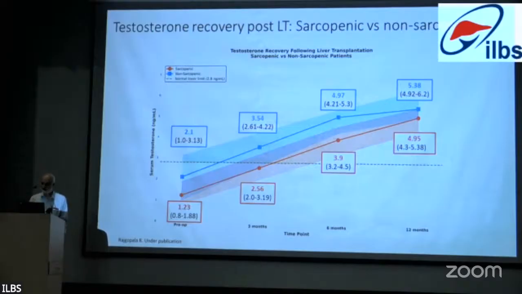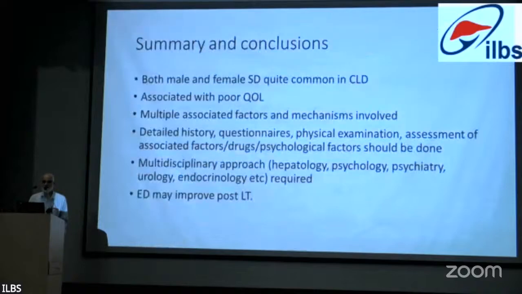So this is an important factor because recovery of sexual dysfunction depends on whether patients are sarcopenic or non-sarcopenic. To summarize, both male and female sexual dysfunction are very common in chronic liver diseases.